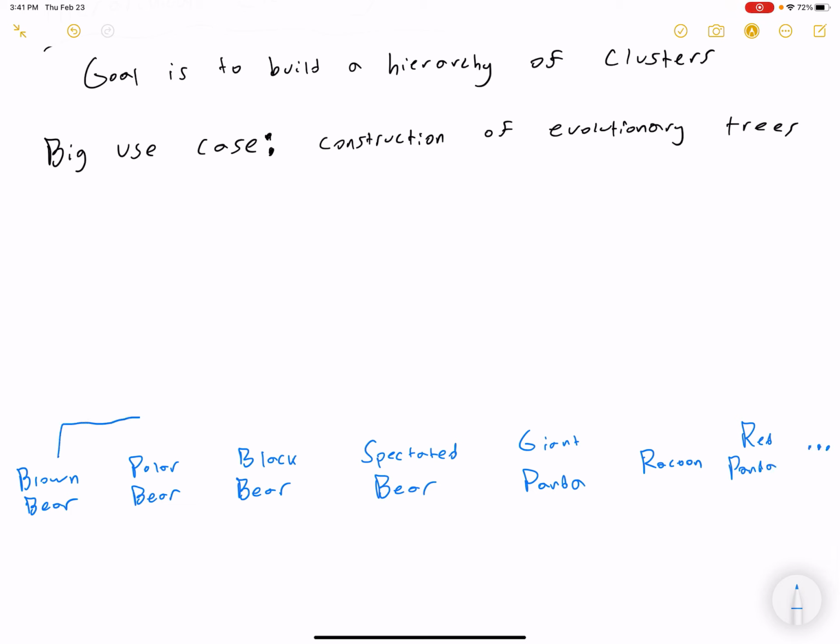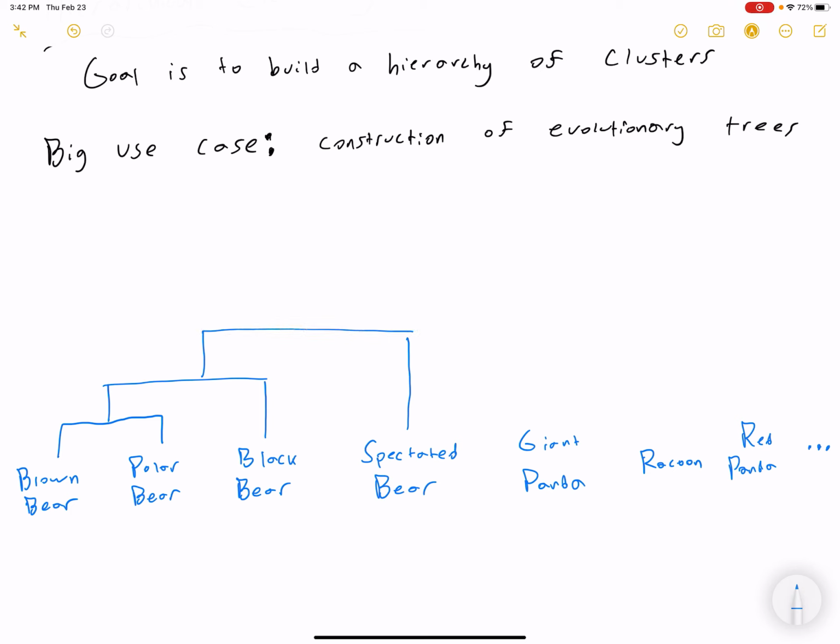So the evolutionary tree that might be constructed through hierarchical clustering could tell us that brown bears are really related to polar bears, and that group together is the most related to black bears from this group, and that group together is most related to spectacled bear.